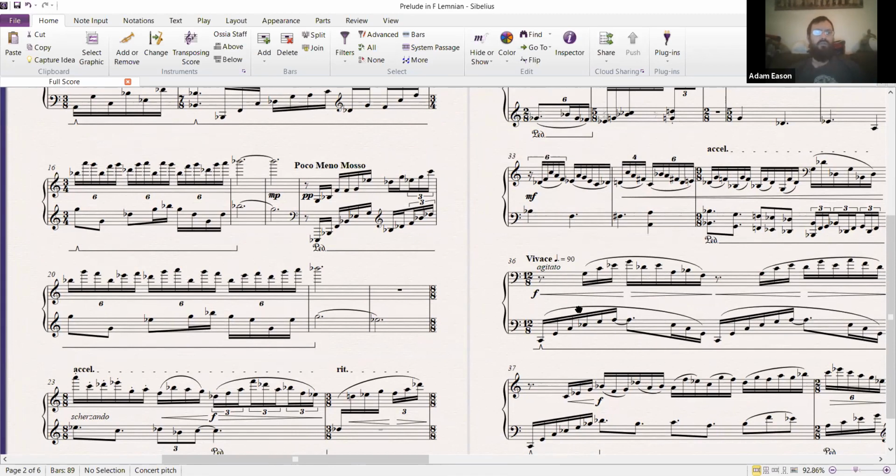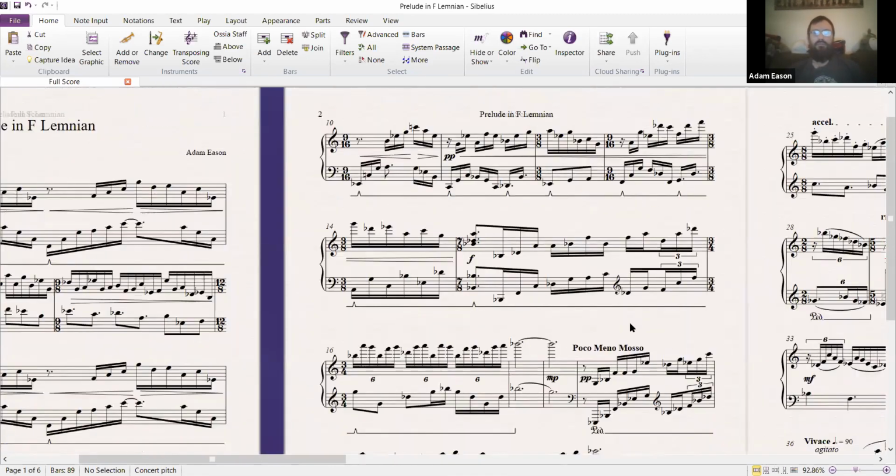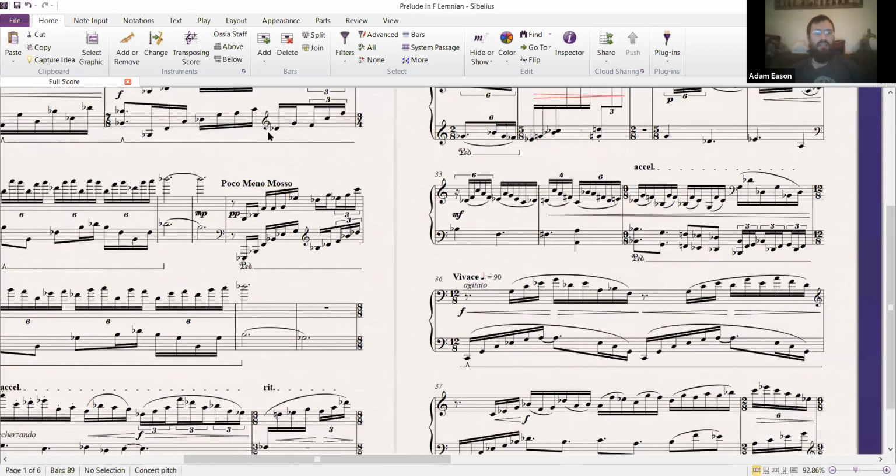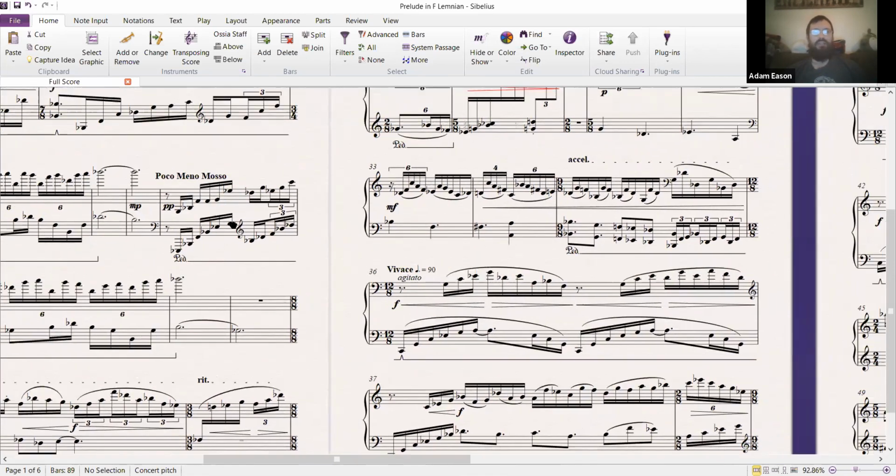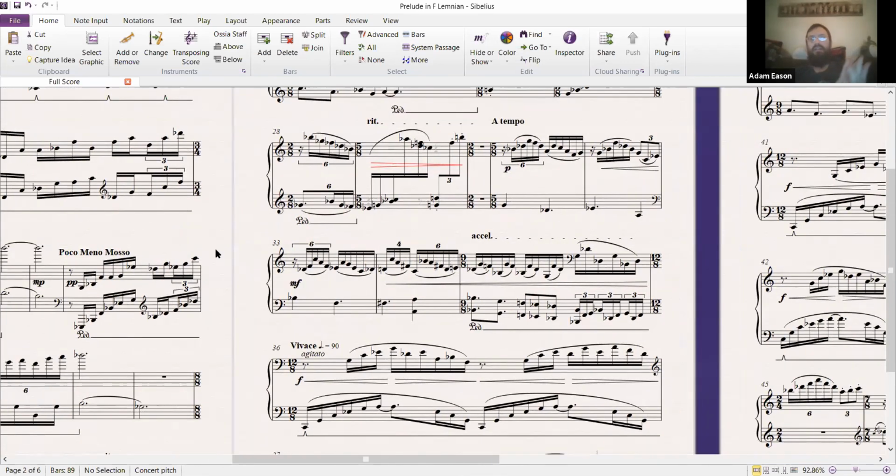I'd have to seek it out, which I'm not going to do in front of you, but the concept of modulating with these modes is basically exactly the same as modulating from one major scale to a minor scale, right?